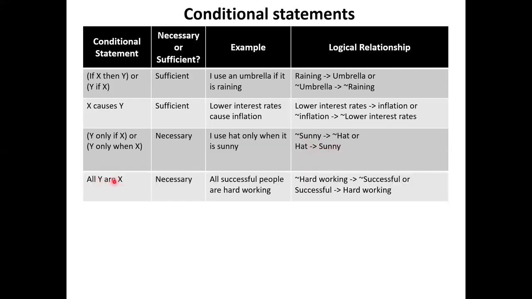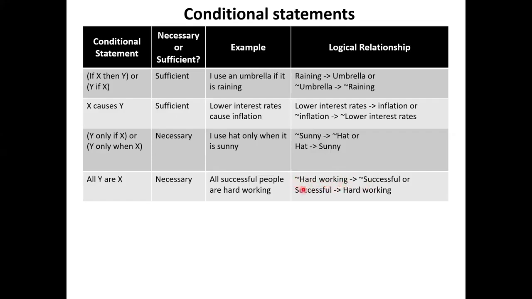All Y are X is considered a necessary condition. For example, all successful people are hardworking. All Y are X, right? So clearly hard work is the reason and that resulted in them being successful. And since it's a necessary condition, how do we express this? As if not X, then not Y, which means if a person, can you interpret this for me?